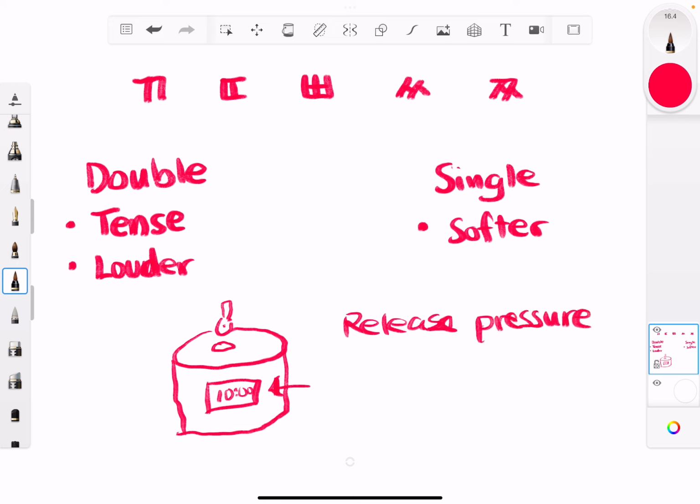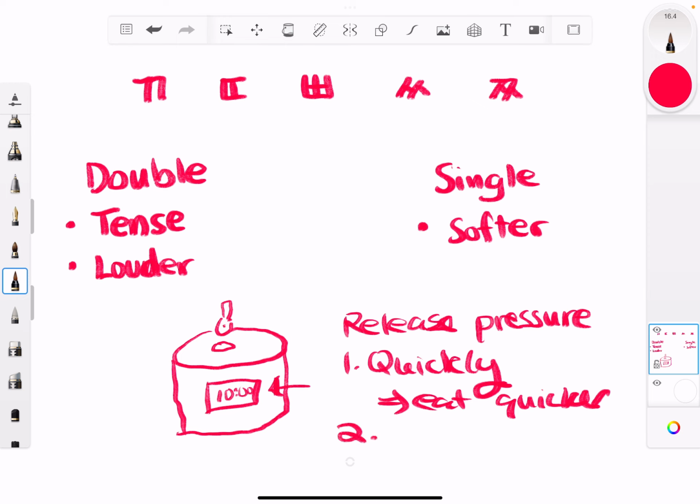You can release pressure quickly, and therefore you can eat quicker, or you can release the pressure slowly, and then you'll just let it simmer out on its own.